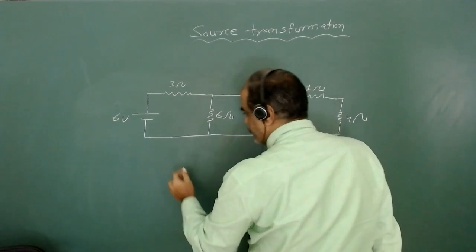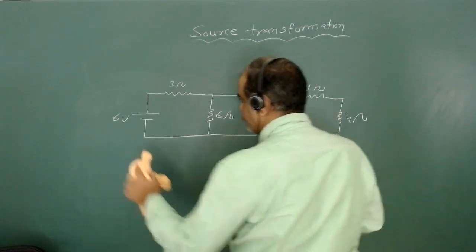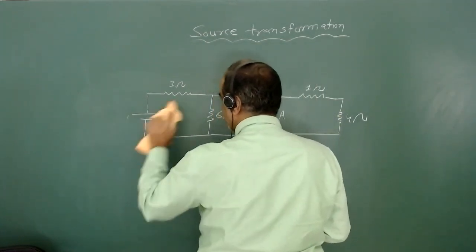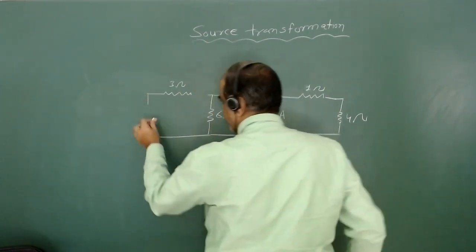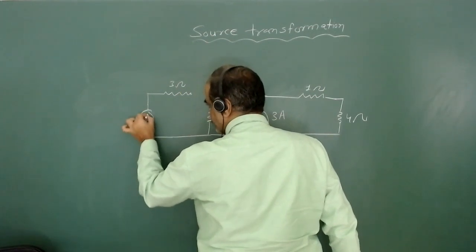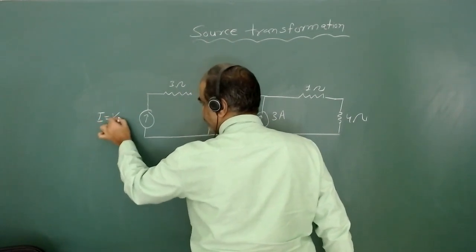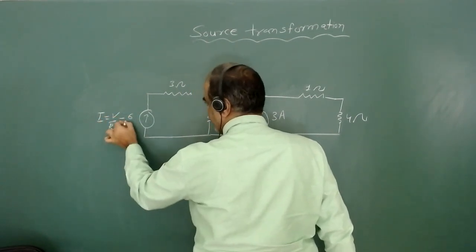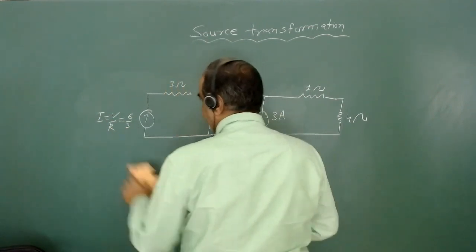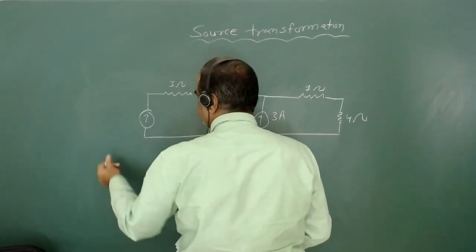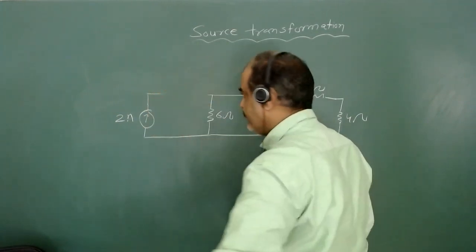So I will remove this voltage source and put a current source instead. The current value will be I equals V by R. Since V was 6 and R is 3, this becomes a 2 ampere current source, and this 3 ohm resistance will come in parallel.